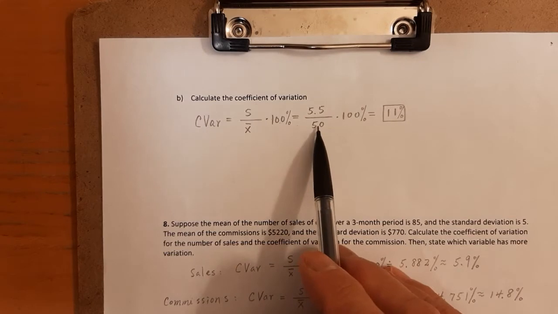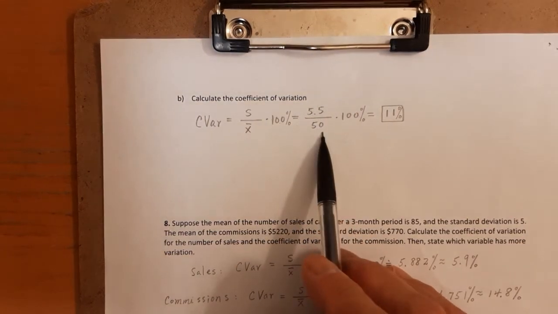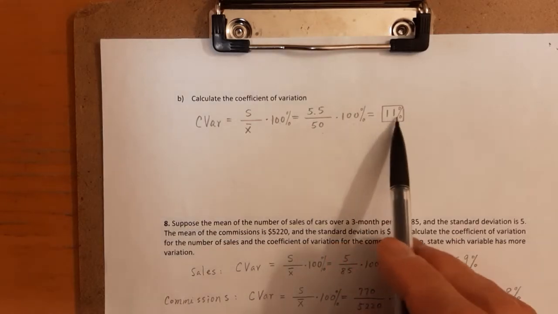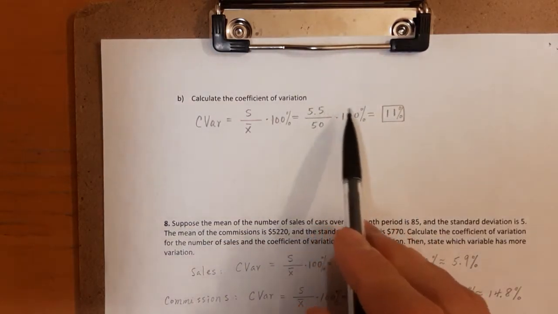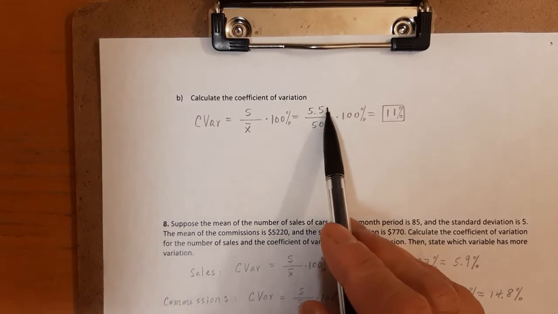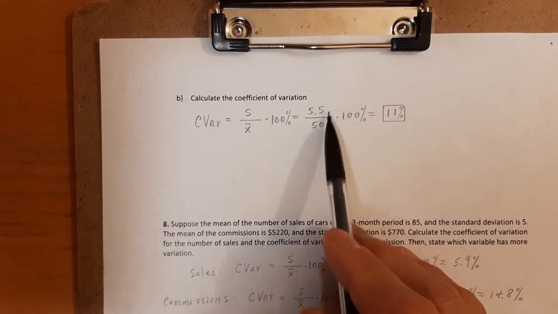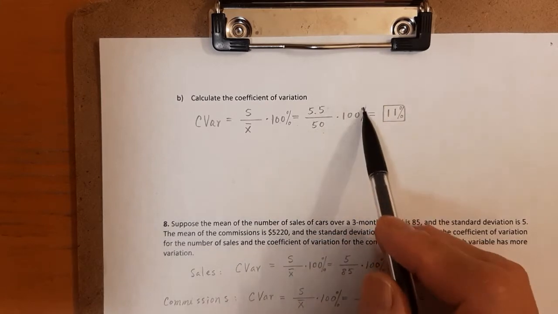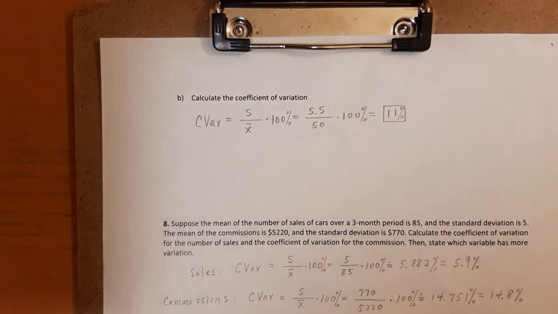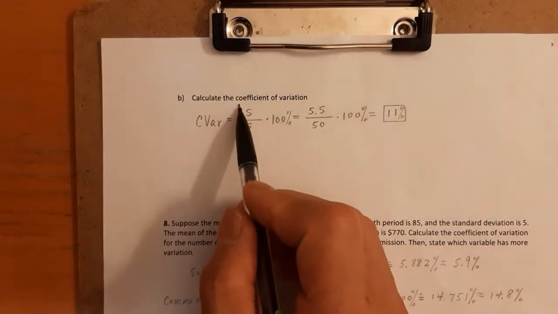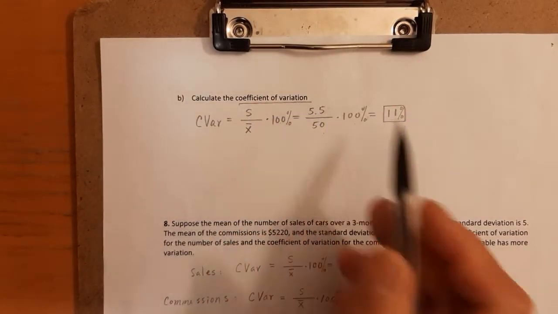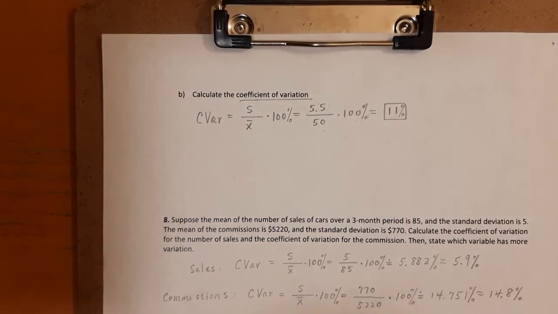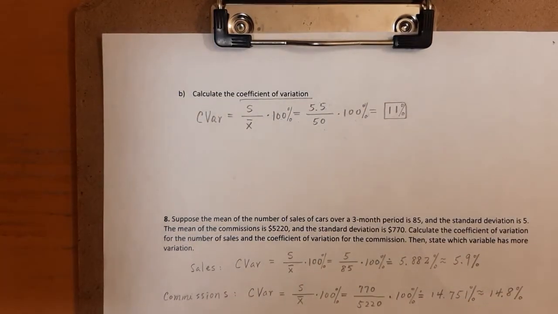Mean is 50, times 100%. So it's 11%. You do 5.5 times 100, it's going to be 550 divided by 50, and you got 11 with percent sign. This is what we call coefficient of variation. And the formula is also over here.